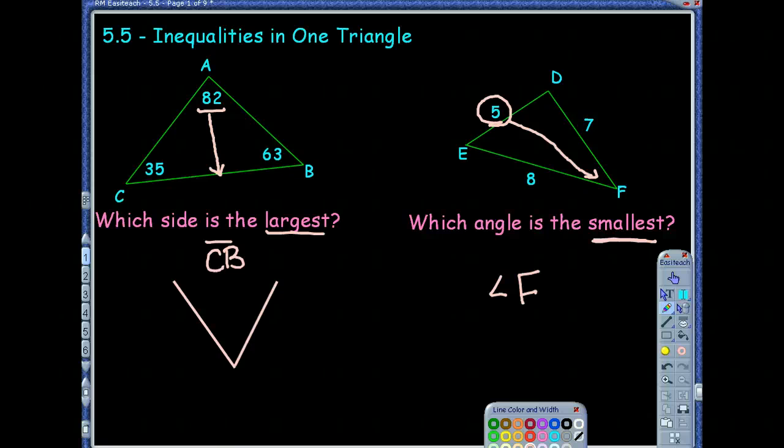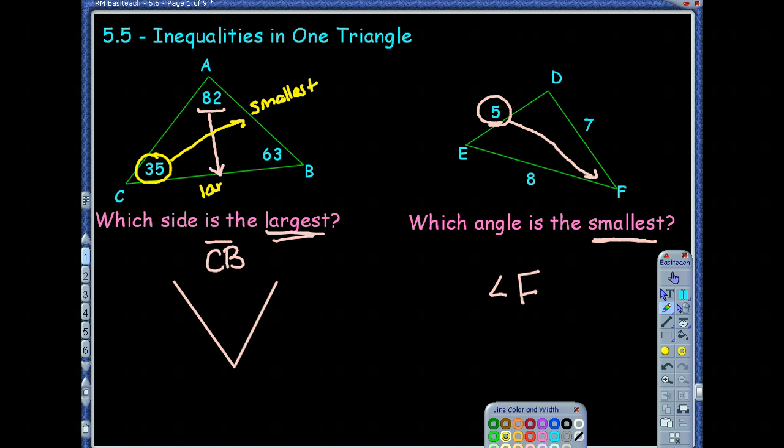In this first triangle ABC, what if instead of the largest I had asked for the smallest side? I would look at the smallest angle, which is angle C, that 35, and the side across from it would be segment AB, so that is the smallest.